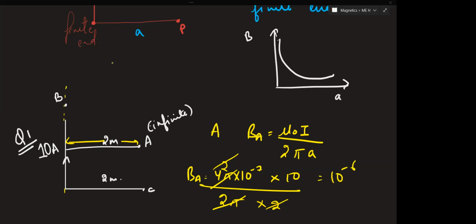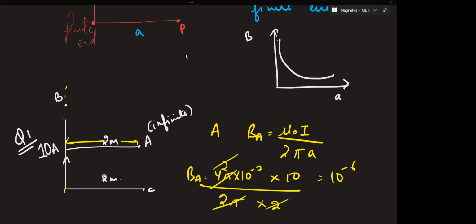This is what we have already done. Place your fingers in the direction of current. If you curl your fingers towards A point, where is the thumb pointing? Answer, class. Reply in the chat box for this part. Yes, it is pointing inwards.